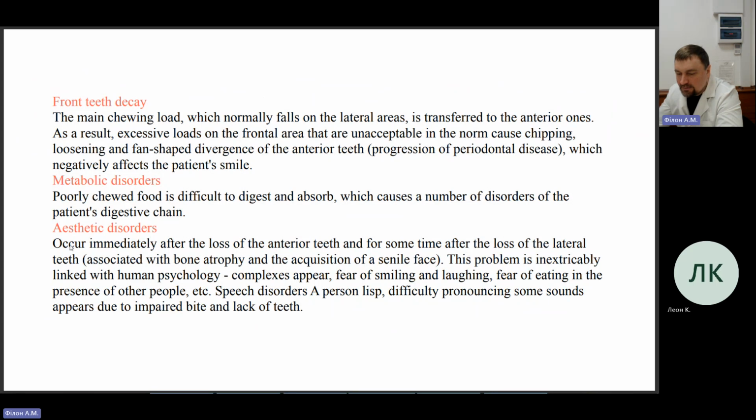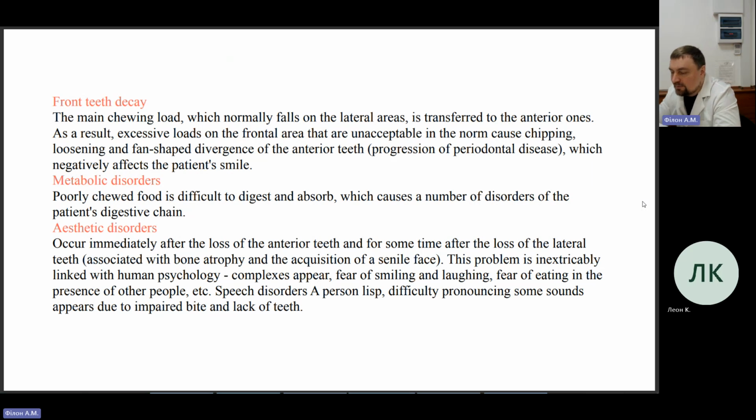And aesthetic disorders, which occur immediately after the loss of the anterior teeth, and for some time after the loss of the lateral teeth, associated with bone atrophy and the extension of this snail face. This problem is inextricably linked with human psychology. Complexes appear: fear of smiling and laughing, fear of eating in the presence of other people, and speech disorders.